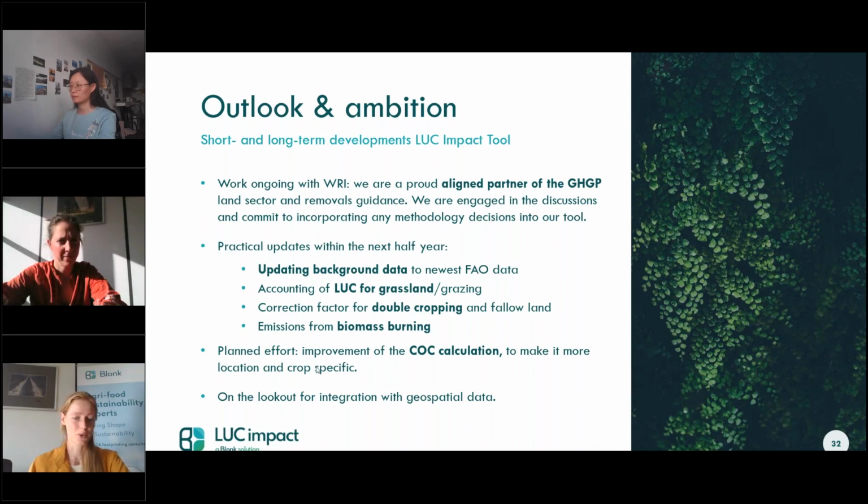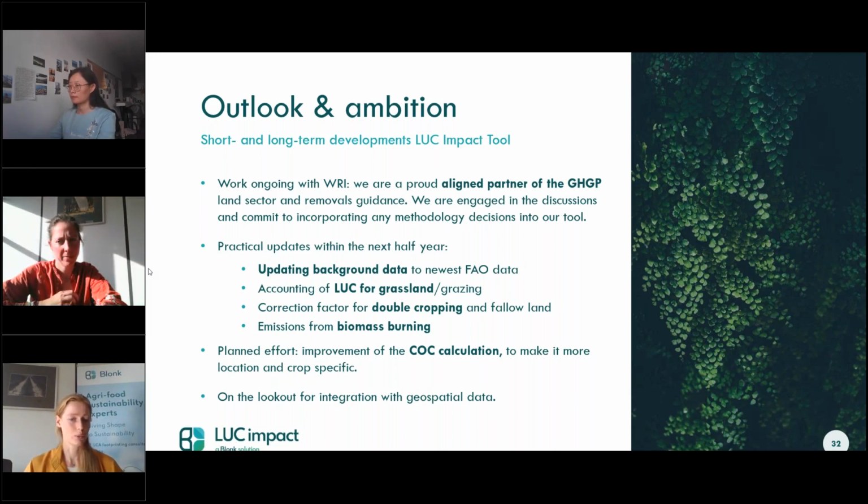Some practical updates which we plan to implement in the next half year. On also a quite short time frame, new FAO data is available, and some is still to become available, I think, which we will use to update our statistical land use change calculations.